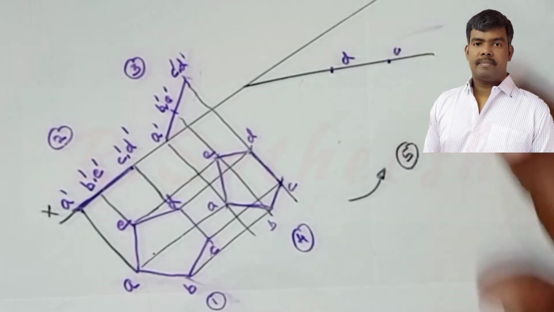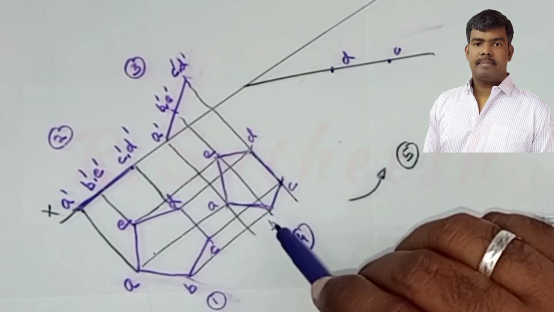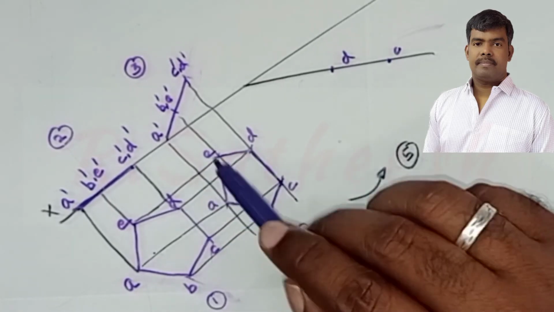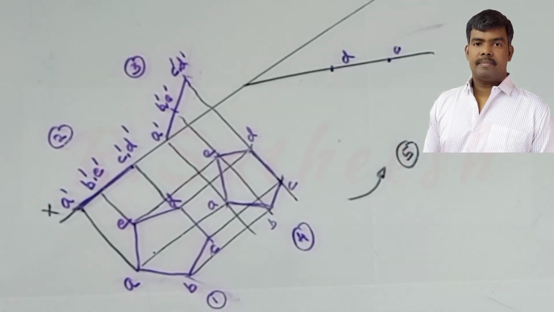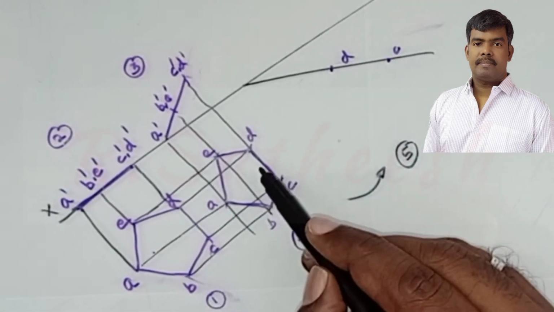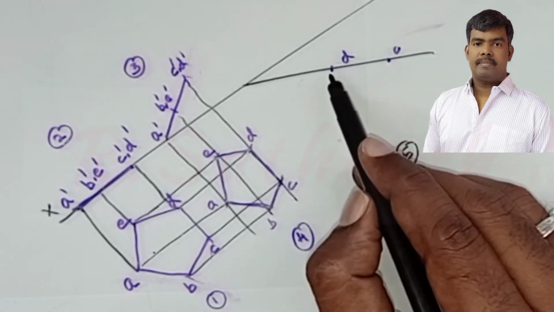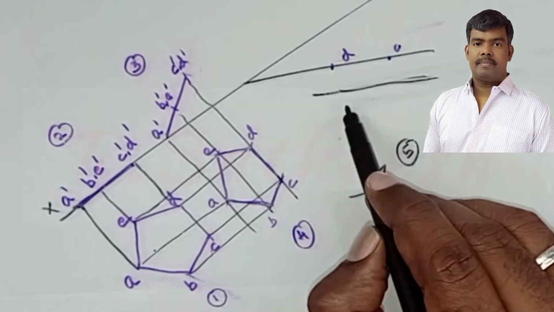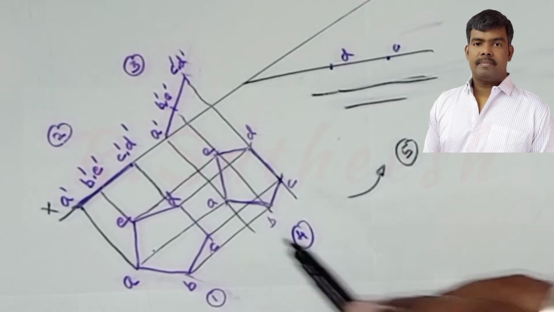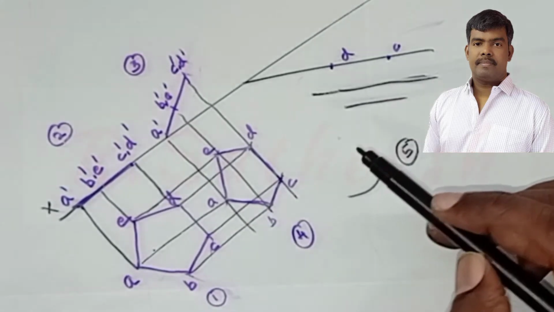After that, CD, BE, A, all those projection lines are parallel. Measure the distance from here to here, and mark the same parallel lines. All the distances are the same but the lines are parallel.